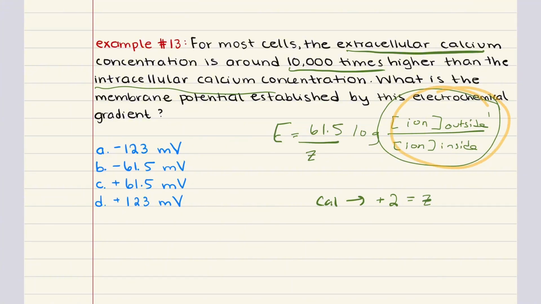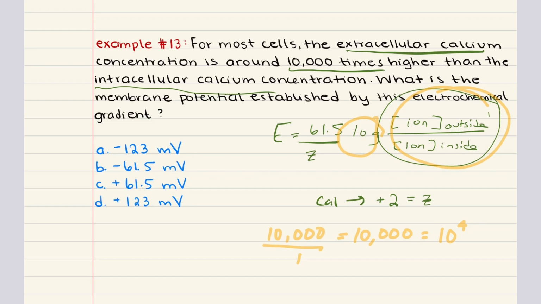So this part of our equation is equal to 10,000 divided by 1. This is just equal to 10,000. We want to write this in scientific notation because it's going to make the log calculation without a calculator a lot easier. This is just 10 to the power 4.